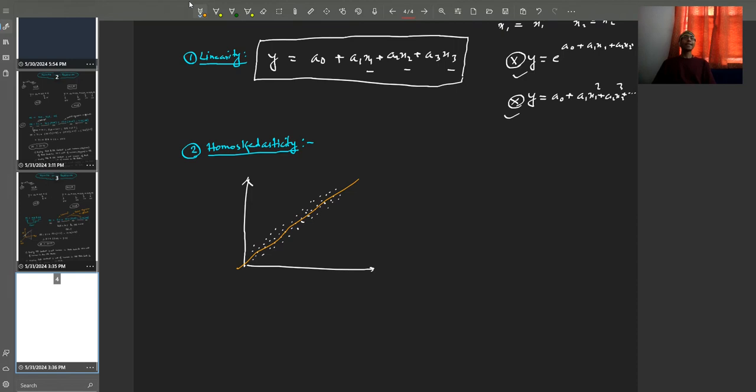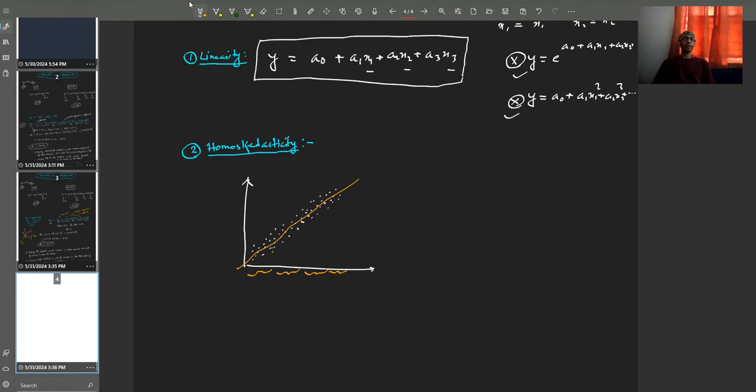Across the different observations, if you take this portion or this portion or this one, you will see that the variance, that is the spread of the points with respect to the regression line, is quite uniform.